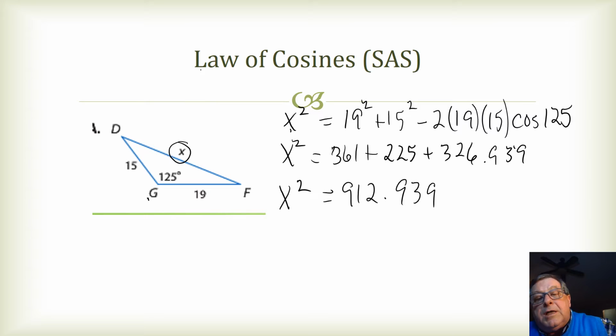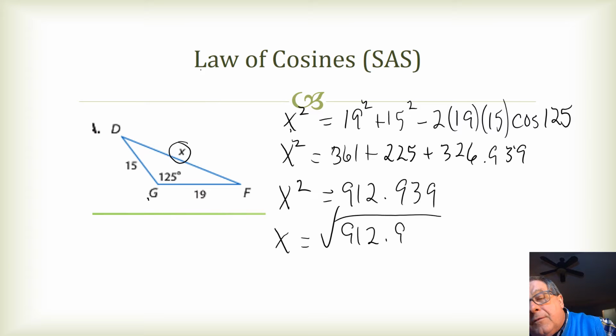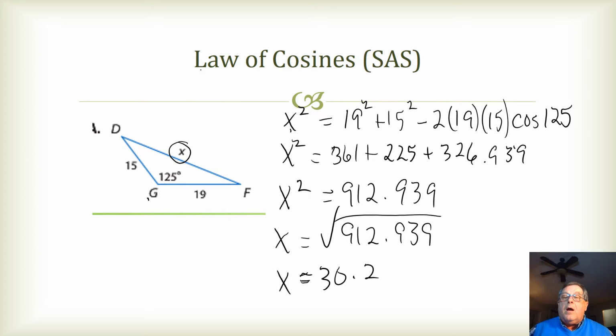And then we're going to take the square root of that. So x is now equal to the square root of 912.939, and we're going to be rounding this to the nearest tenth. So let's take the square root of that answer, and x is approximately equal to 30.2. All right, that's really not that bad.